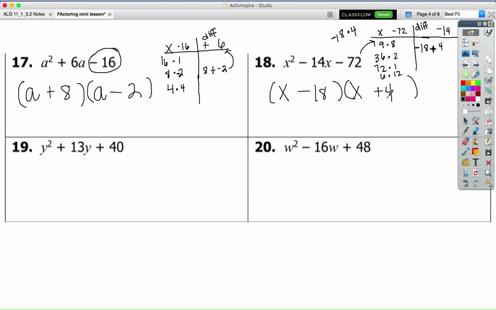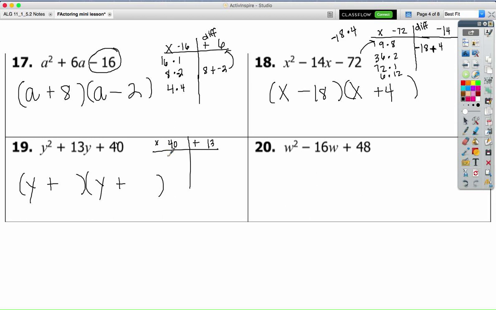So number 19, we have y times y, that gives us y squared. Factors that multiply to give us a positive 40 and have a sum of 13. The end is positive here, so they must match, and this tells me that they're both positive.